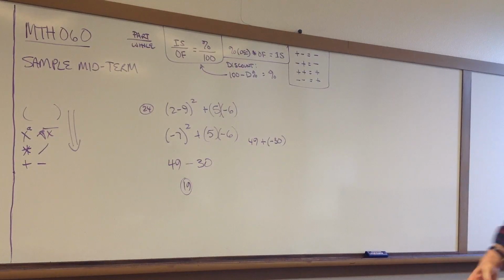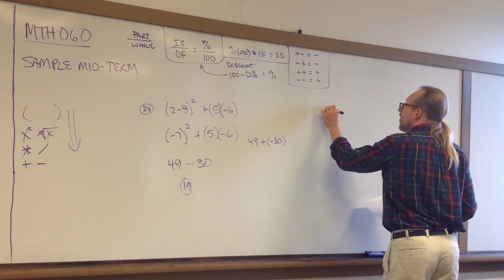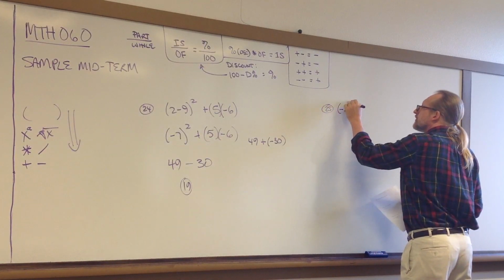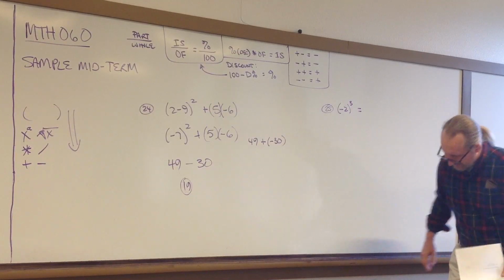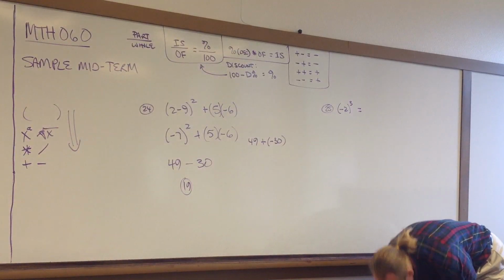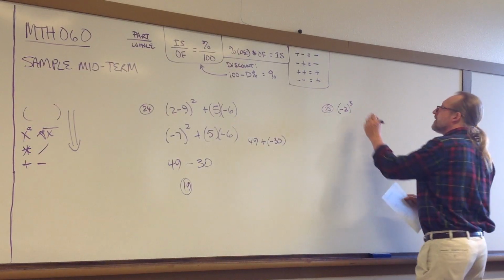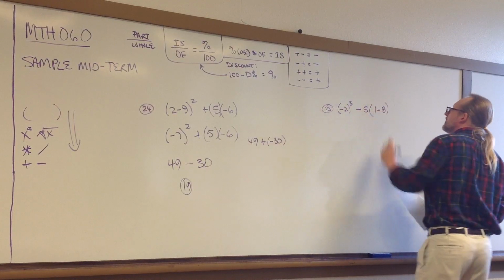Let's see here. Problem 25. Negative 2 to the third power, not equals, there's no equal signs in these problems. Minus 5 times 1 minus 8.